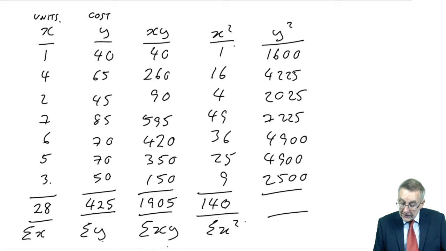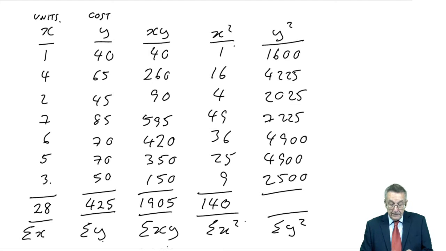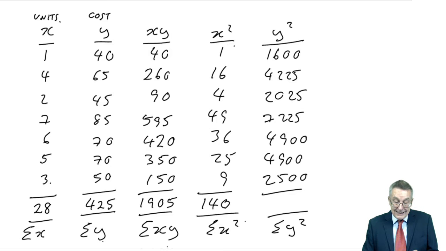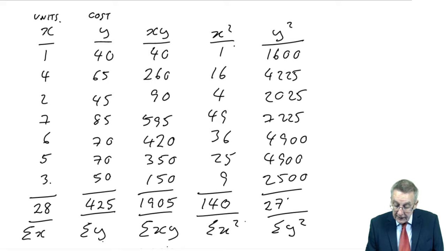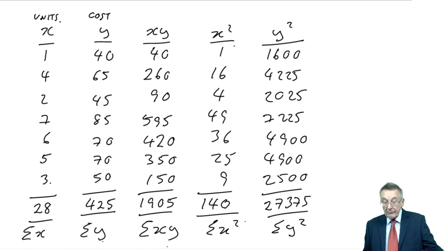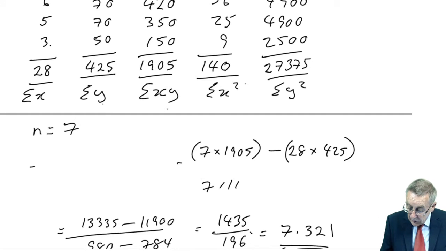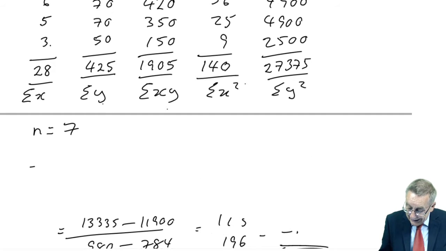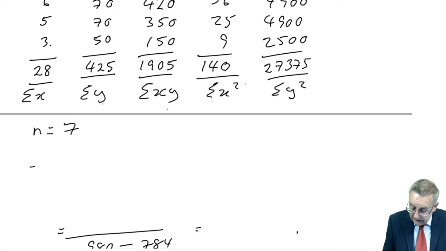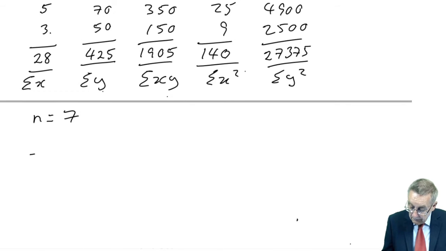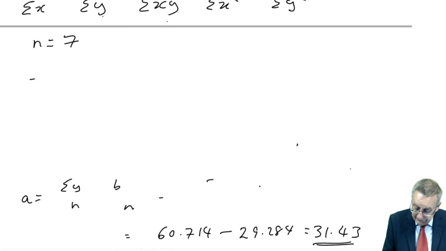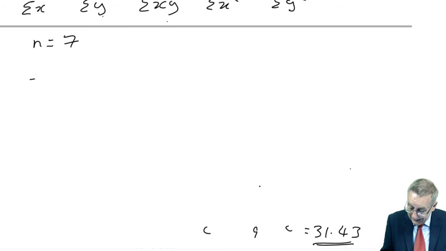So the total, or sigma y squared, is 27375. Well, I've got everything I need there. Let me clear some space, then we're not going up and down.